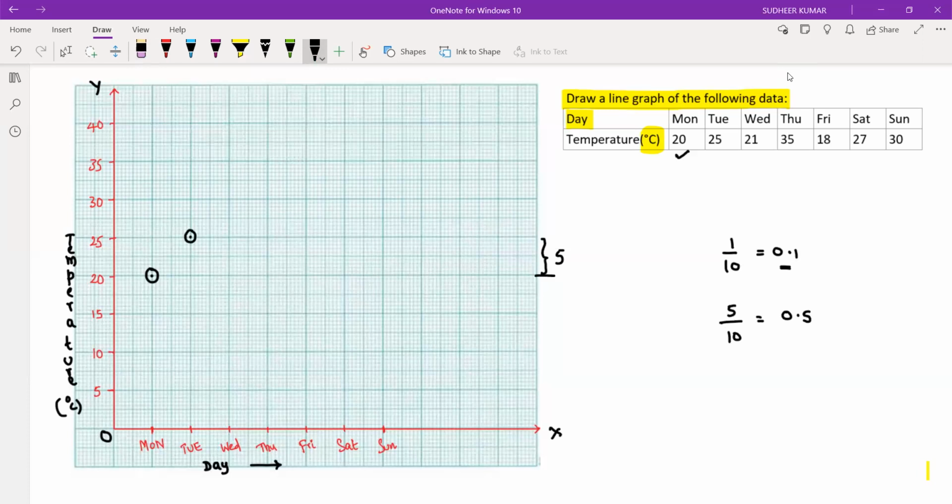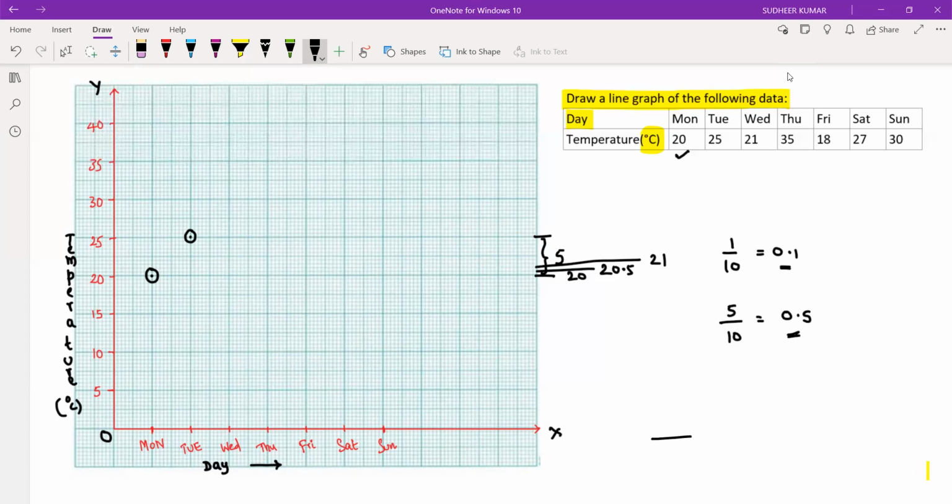Now this is 20. The first small line is 20 plus 0.5 is 20.5. The second small line is 21. Like that we have to count. So finally we'll get here it is 25.